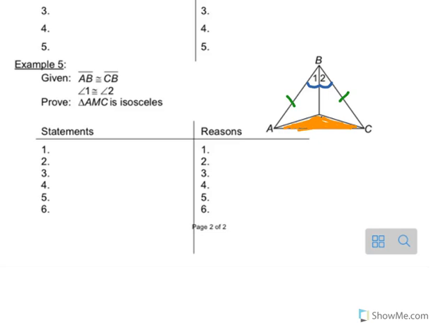What do we know about isosceles triangles? It means they have two sides that are congruent. And so which two sides are we going to need to figure out? We're going to have to figure out this side here, AM and MC. We want to be able to figure out how they're congruent.